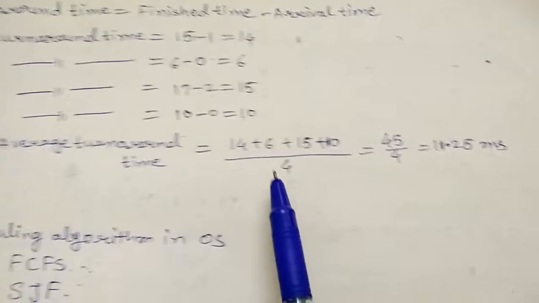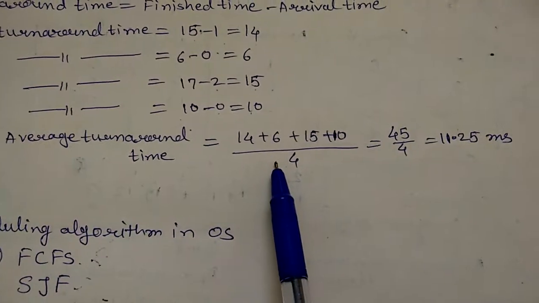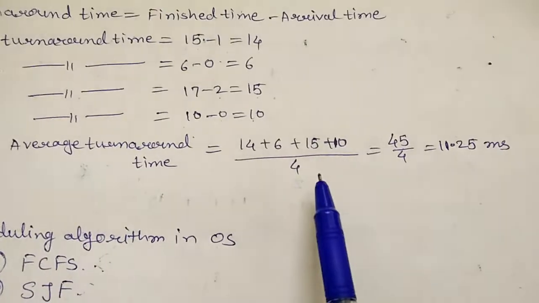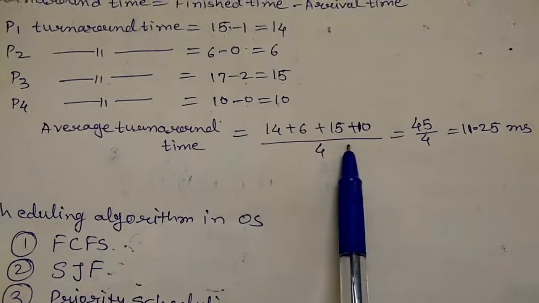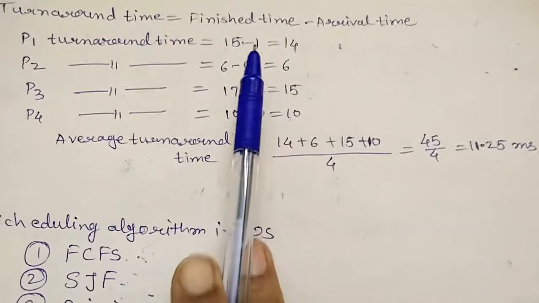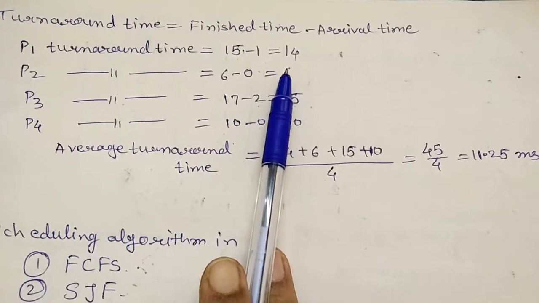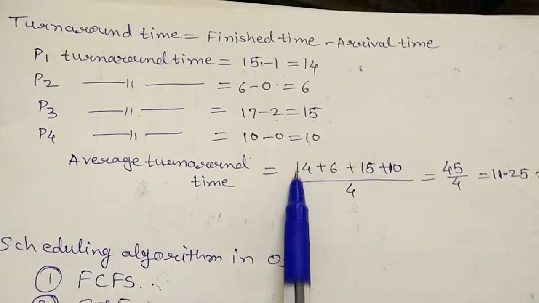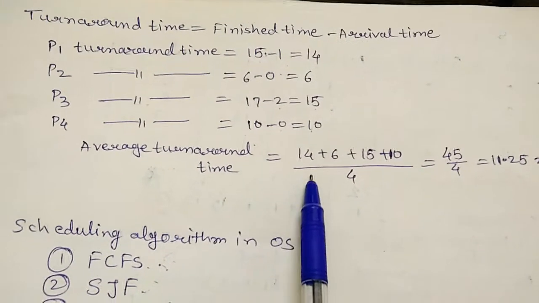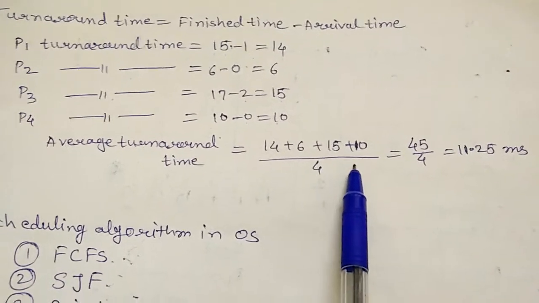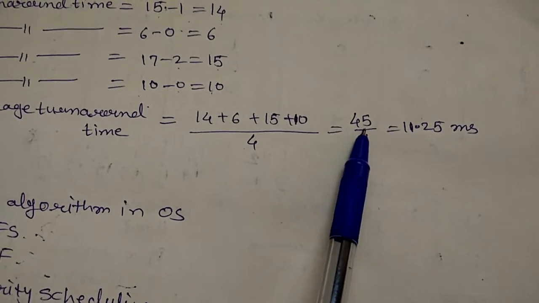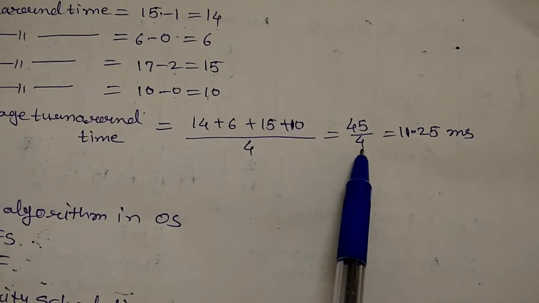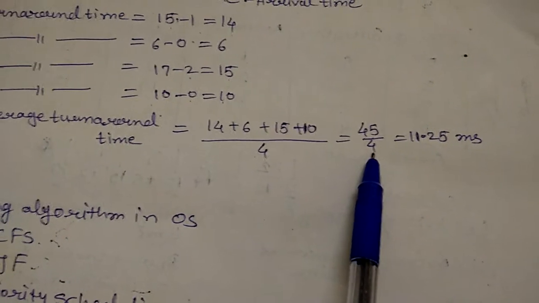Same as we have done the total for the waiting time, we are going to do the total for turnaround time. So we are going to add the turnaround time of each process. So 14 plus 6 plus 15 plus 10. The total comes 45. Whole divided by 4 because we are going to calculate the average.